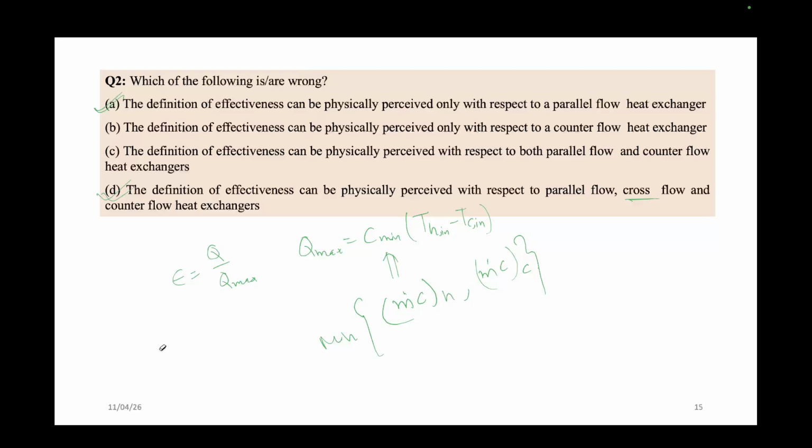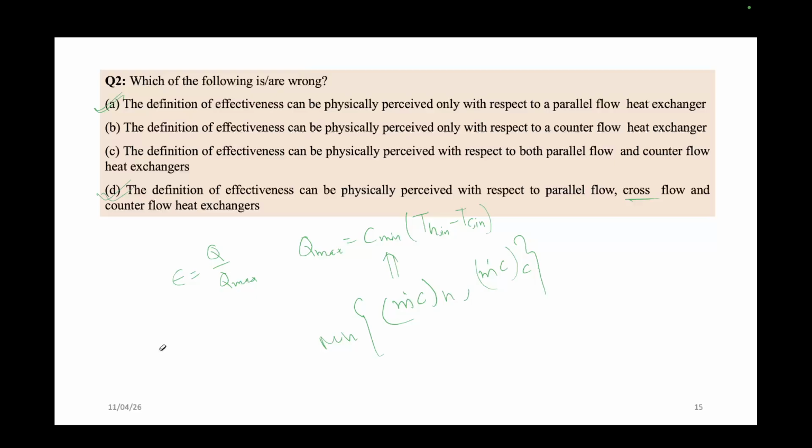Actually, if you recall, effectiveness is basically the rating parameter, right? So in the rating parameter, we require maximum power. So maximum power is basically hot inlet minus cold inlet. That is the difference.